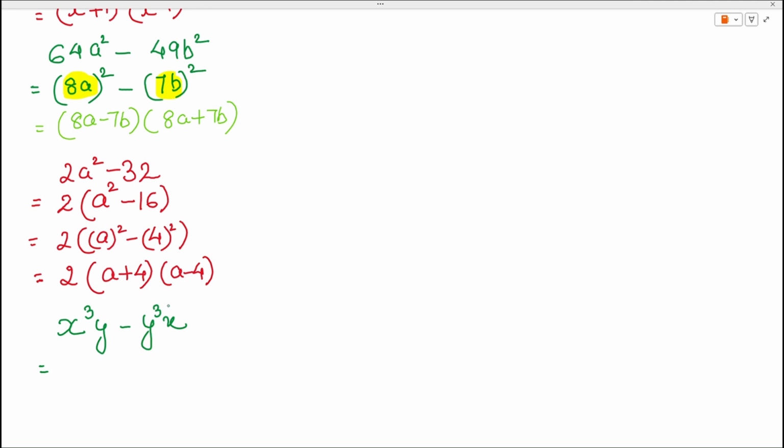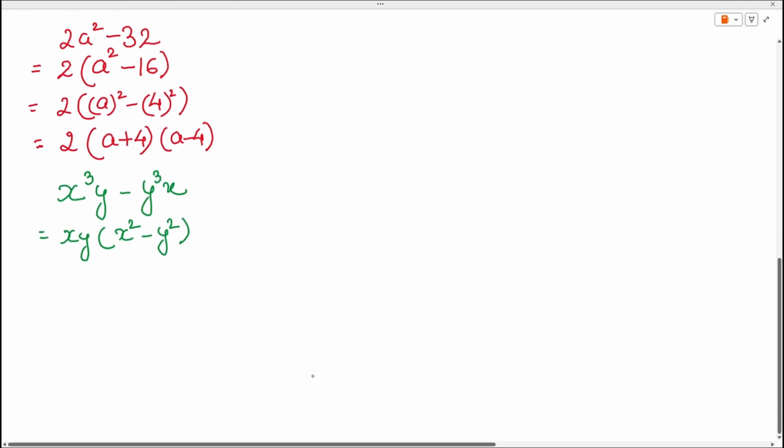Now, what do you think is the common factor over here? Both the terms have an x and a y in common. If we take xy common, inside the bracket we have x square minus y square. And we can see that again, both of them are perfect squares with a negative sign in between.